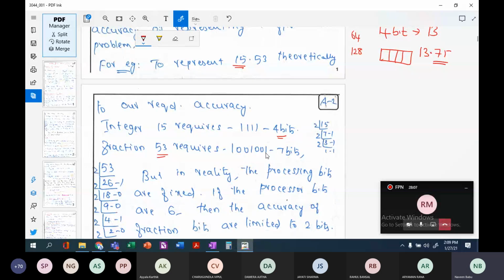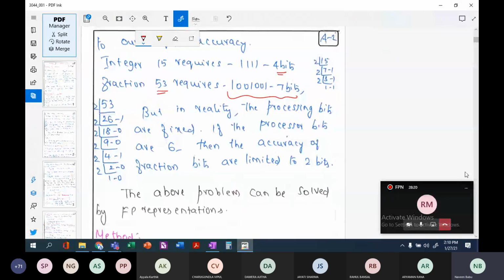If you want this decimal fraction, it can keep on increasing, right? 53456420, etc. It can keep on increasing, and the size is also a limitation here, right? So to represent 15.53, you need 4 bits to represent the integer and 7 bits to represent the fractional part.